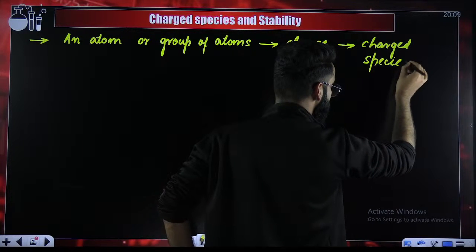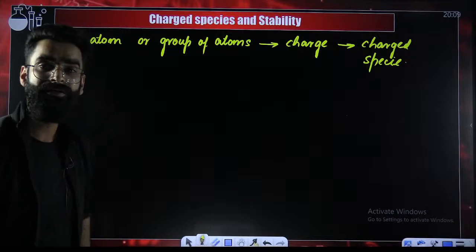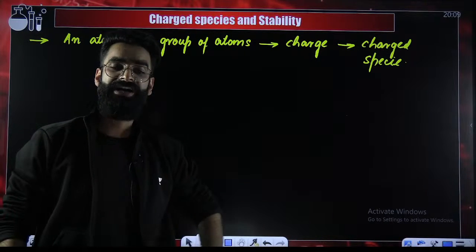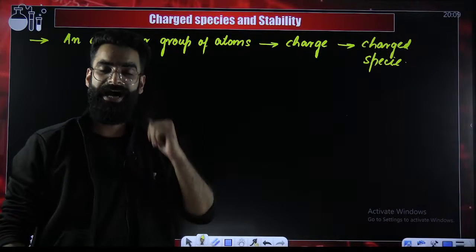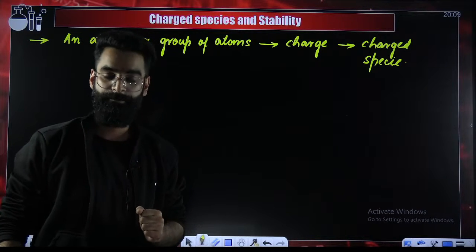So any atom or group of atoms which have got charge on it, that charge can be either positive or negative, you call that particular thing the charged species.